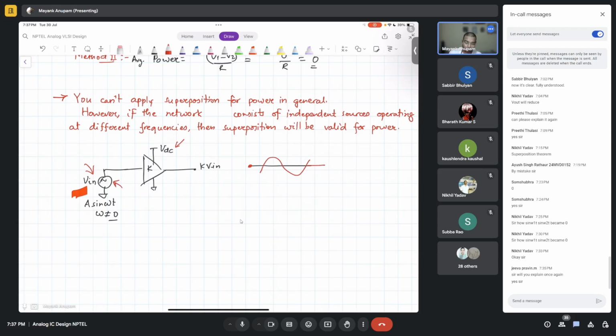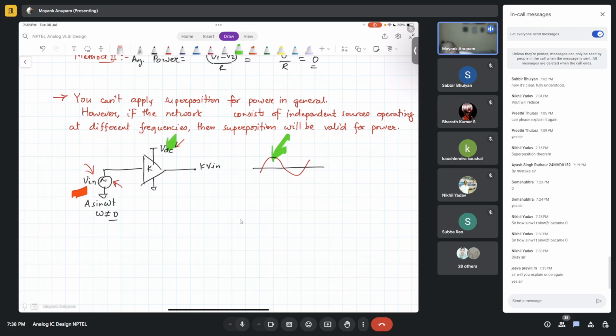But if you only want to look at your signal power, the signal is not at DC. The DC is not the signal. The signal is this moving waveform. Now this signal will not have any power amplification, because the individual powers simply added up, they didn't multiply together, and there was no frequency translation.